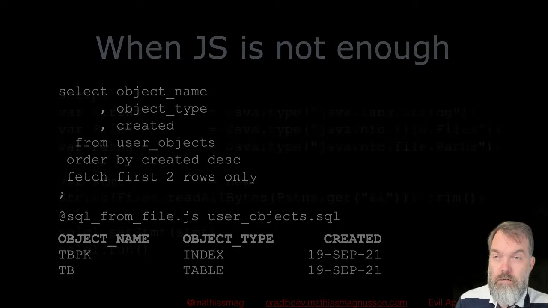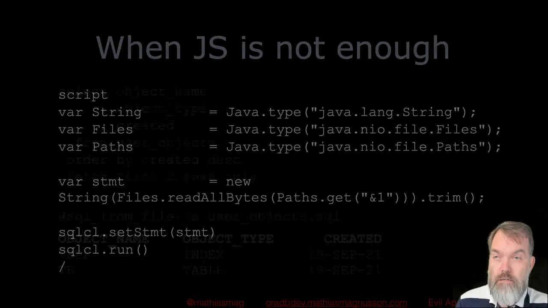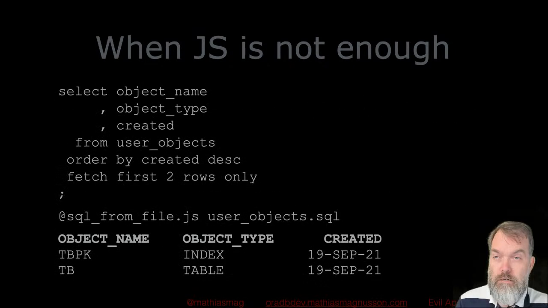Okay, so yes, that's where we're at. So here's the SQL statement that I've put into a file. I'm just showing it here so that it is obvious what I'm doing, and I'm using a top n query here, as the last line in the SQL shows, just to limit the number of rows that we'll be looking at.